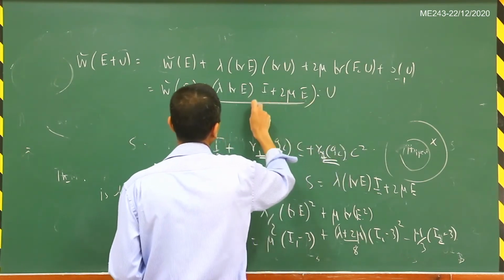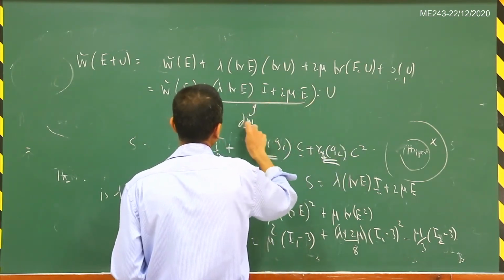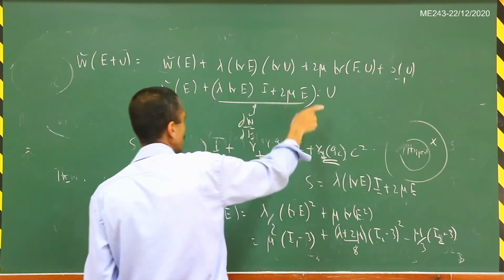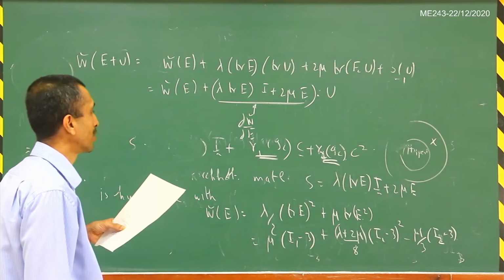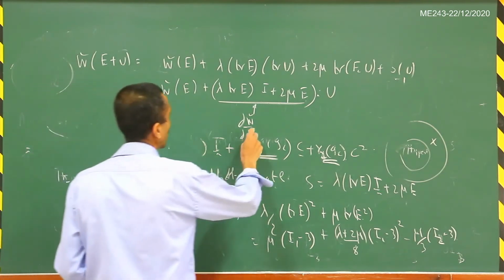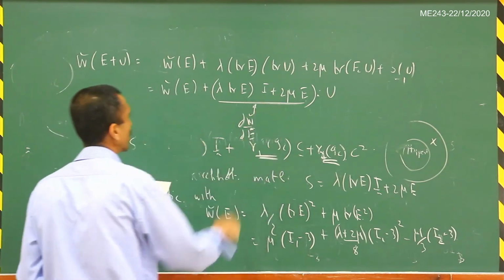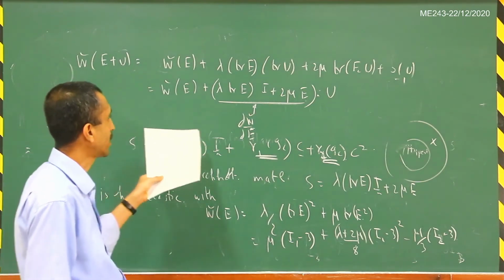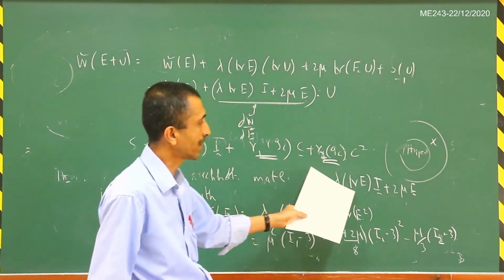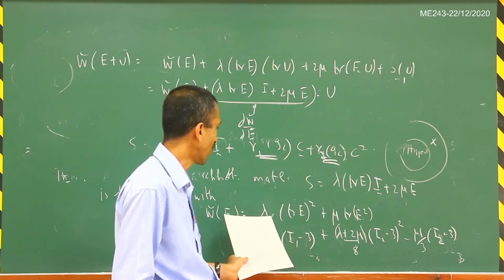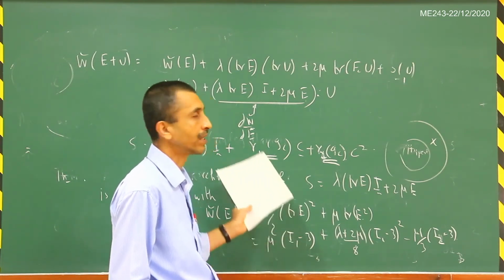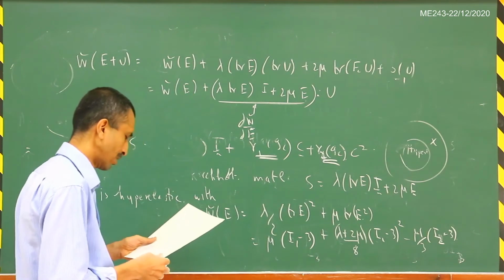So this is dW by dE, because that is the definition of the gradient of a function with respect to the Green-Lagrange strain tensor. And so that shows that your second Piola-Kirchhoff stress is a derivative of the strain energy density function with respect to E. And so that is what we have now shown here.